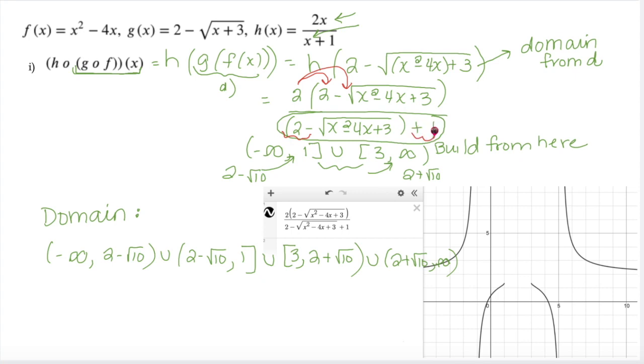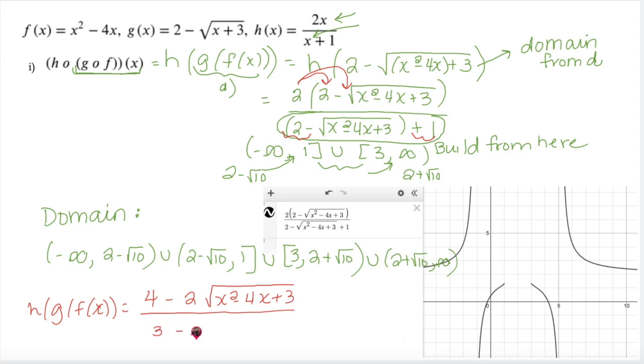So when I find h of g of f of x, we are equal to (4 minus 2 square root x squared minus 4x plus 3) over (3 minus the square root of x squared minus 4x plus 3).